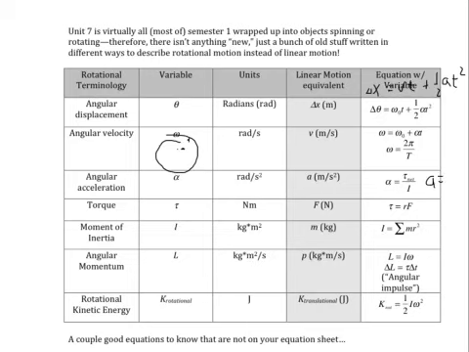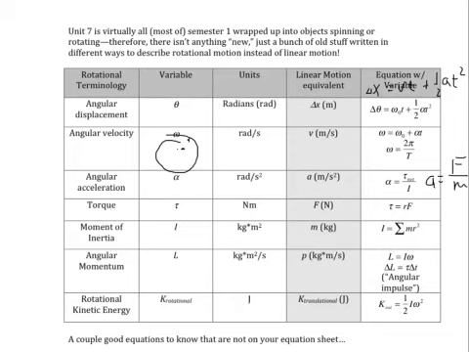We've already mentioned torque is essentially a rotational force, so that's F, over I, moment of inertia. Moment of inertia is kind of the equivalent of mass. We essentially derived Newton's second law, F equals ma, just rearranged, solving for acceleration.